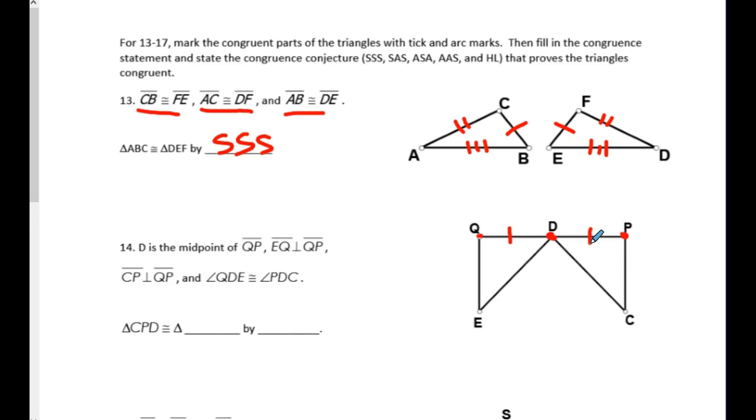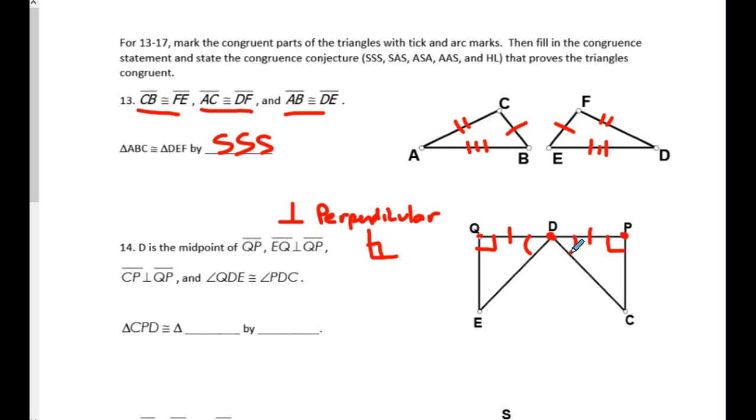EQ and QP, this means perpendicular, which means you're going to put a right angle at EQ and QP. EQ, QP, boom. Same thing for CP and QP. CP, QP, boom. And then it says QDE is congruent to PDC. QDE, arc, PDC, arc.